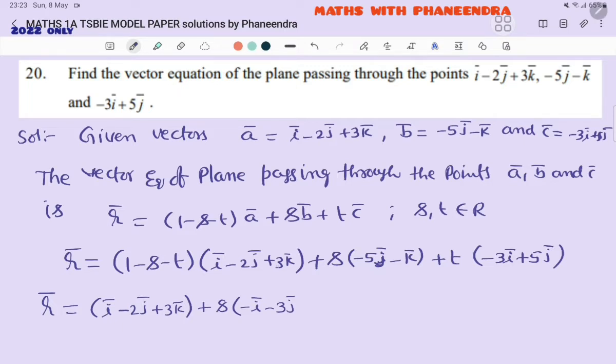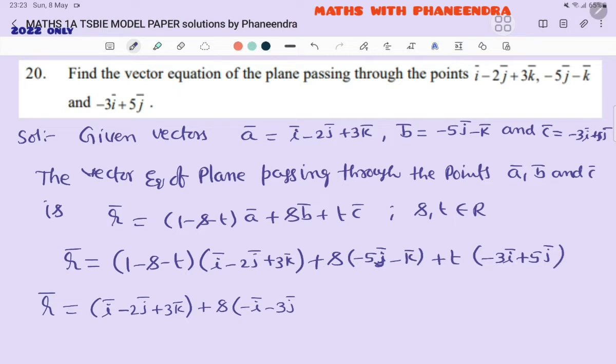So here minus 3s minus k, here there is no k term, so only minus 4, so minus 6k won't come.